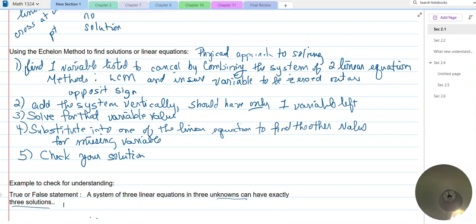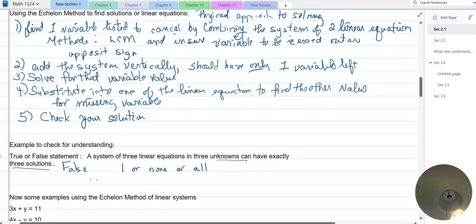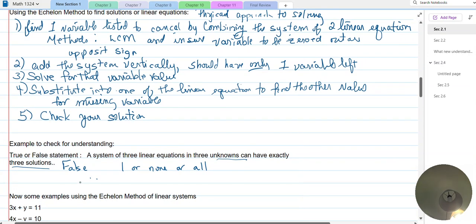No, false. Can have one or none or all, but not three specifically. And they're talking the variables. Well, if we're talking the variables have only one solution for the comparison of the other two. Every one is interrelated.